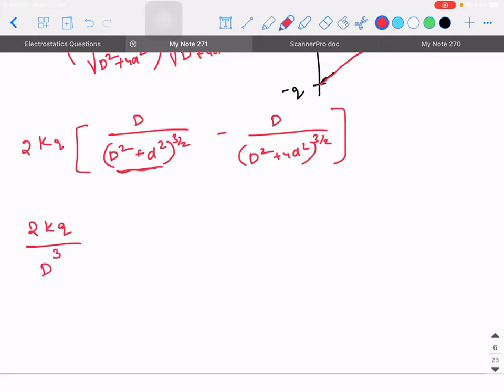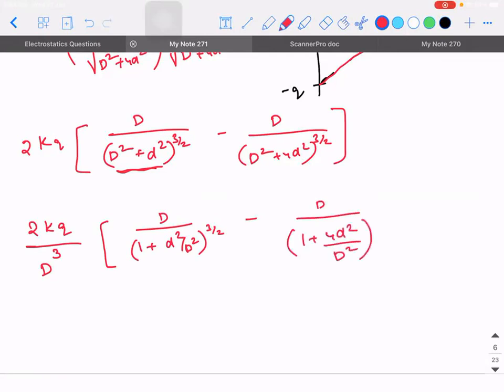D cube into, can I write it as 1 divided by 1 plus d square by capital D square the whole power 3 by 2, minus, capital D is also there, D divided by, it will be 1 plus 4d square by capital D square the whole power 3 by 2. Guys, tell me, is there any doubt in this?